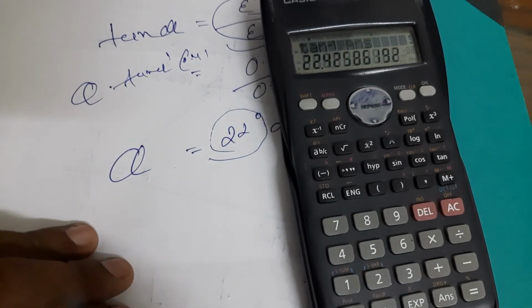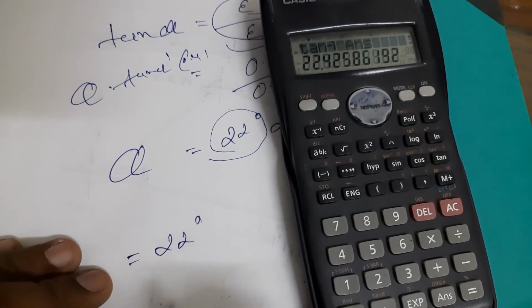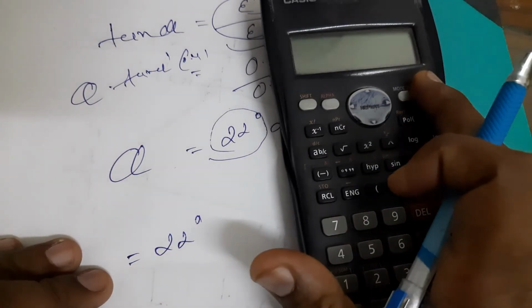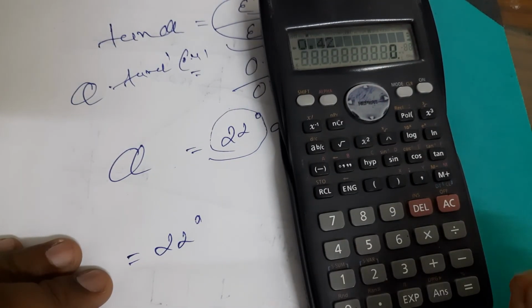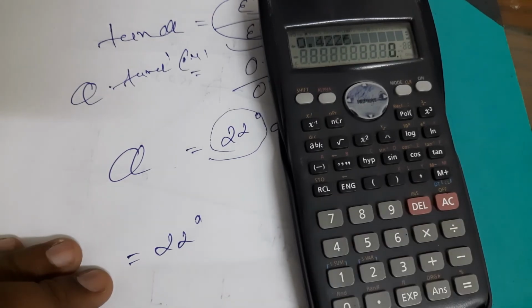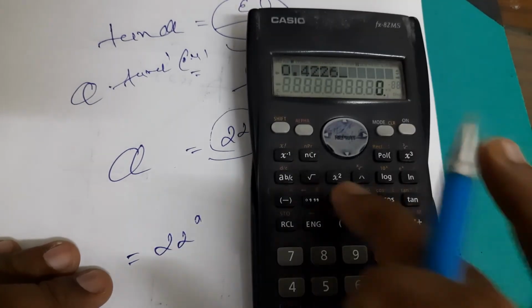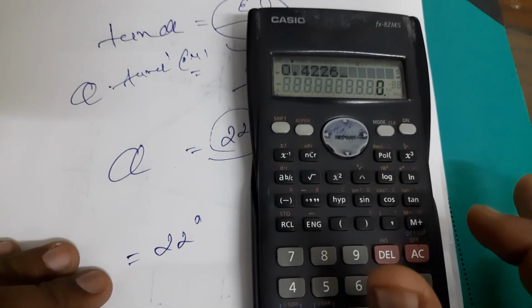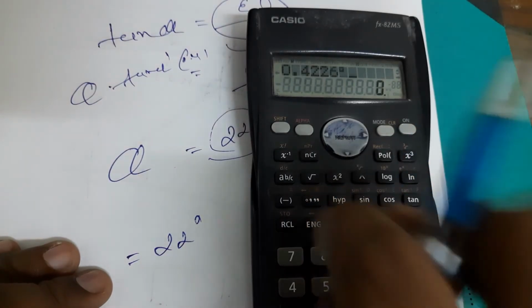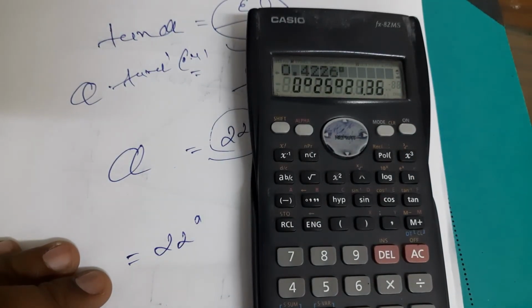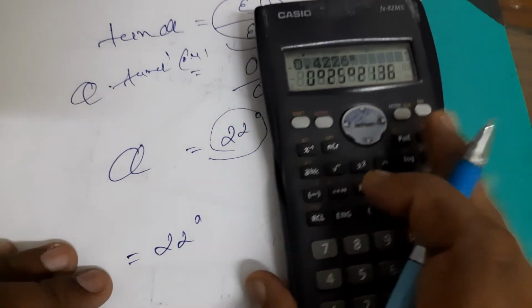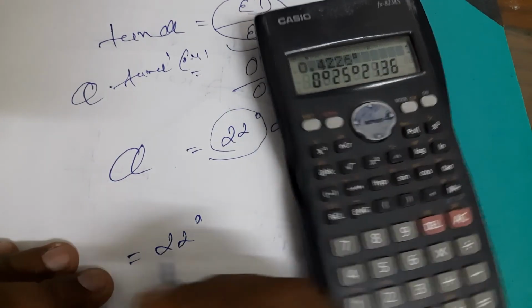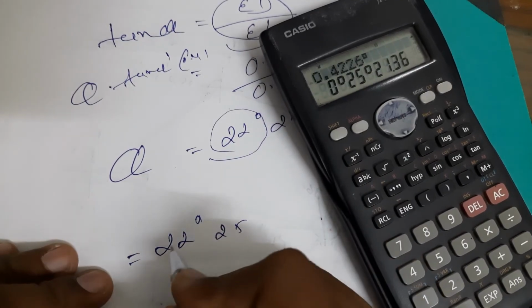The whole number is 22 degrees. Once again we need to convert the decimal part into degrees, so we write it in the scientific calculator, click the degree button, and it gives you 25 minutes.